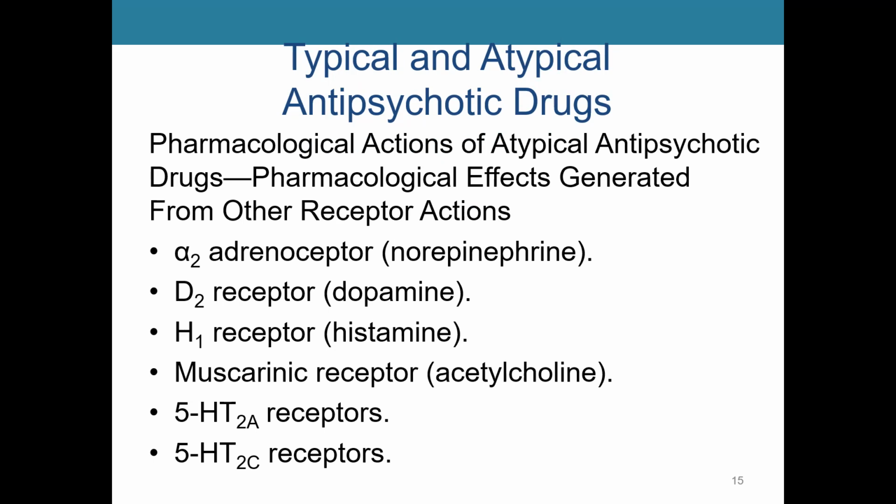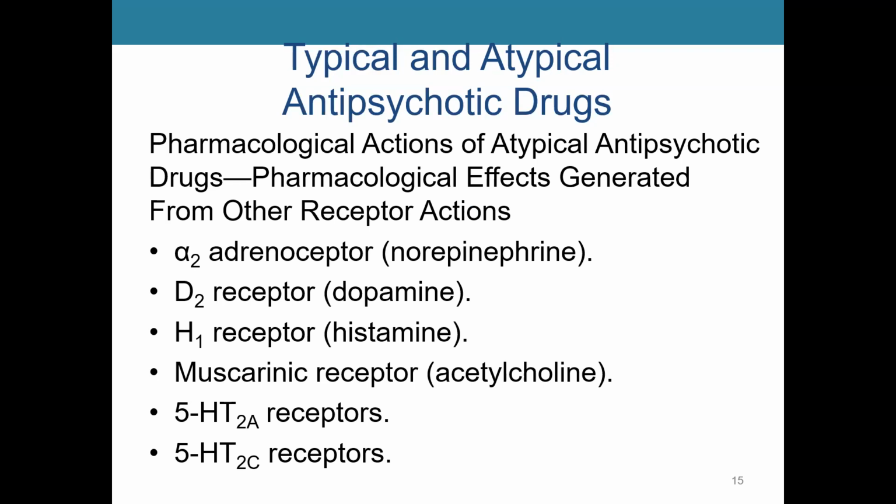The D2 receptor, or dopamine, has an antipsychotic receptor action of an antagonism, and the effects are antipsychotic effects and extrapyramidal side effects. The H1 receptor, or histamine, is an antagonism, and the effects include drowsiness, weight gain, and a risk of type 2 diabetes.